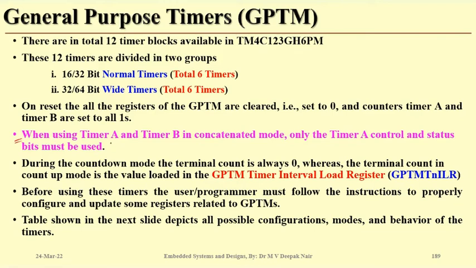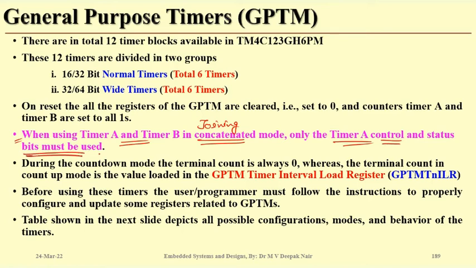And then, when using timer A and timer B in concatenated mode, that means when you are joining or combining these two timers, timer A and timer B, in that case only the timer A control bits must be used.